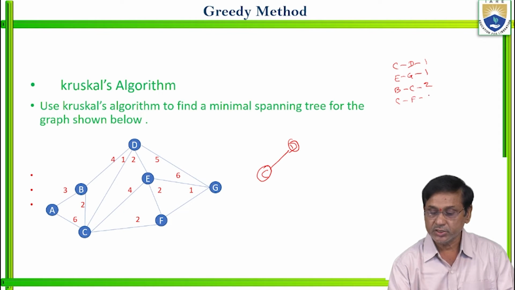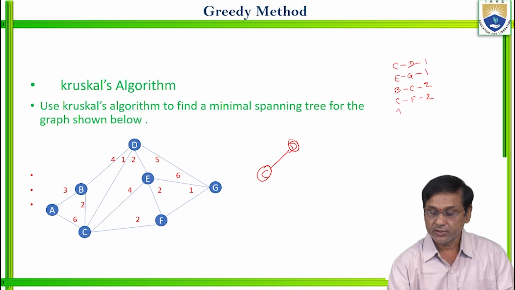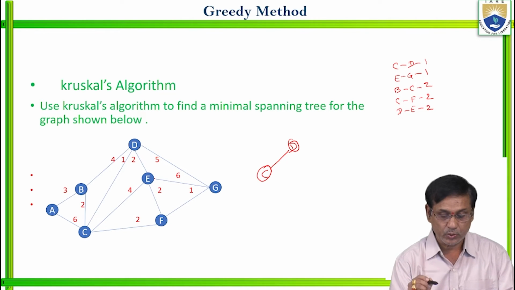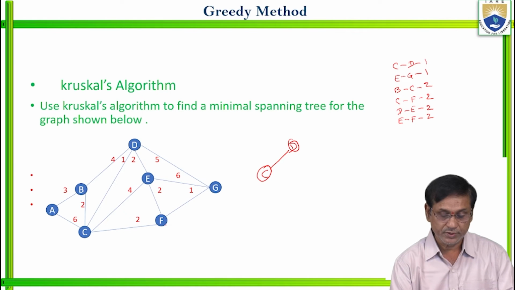CF is 2. CF is over. Then DE is also 2. Then DE is over. Then EF. EF is equal to 2. So EF is over.